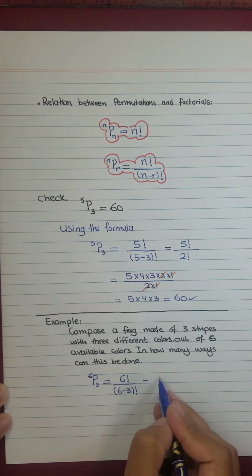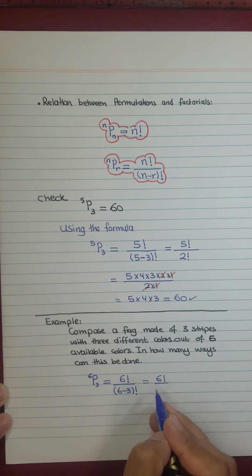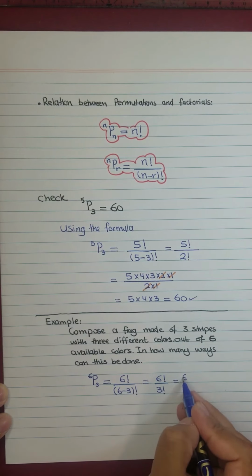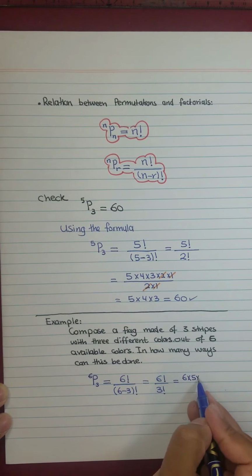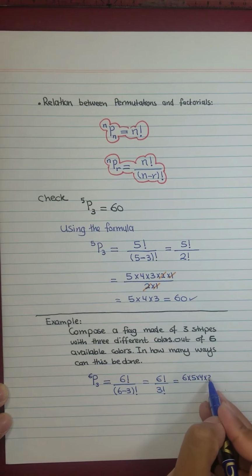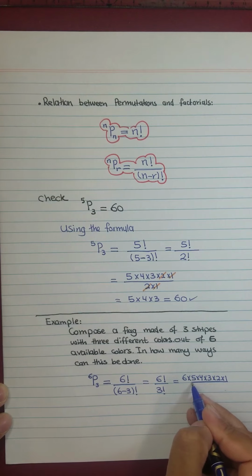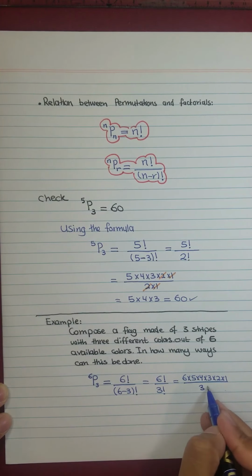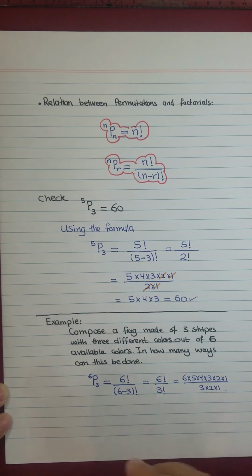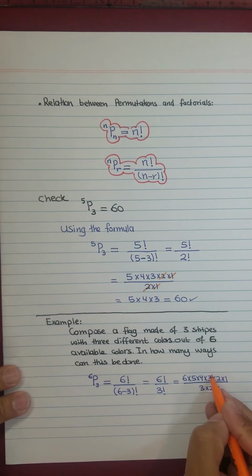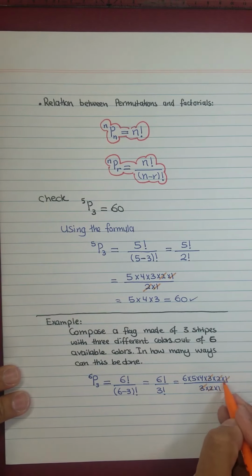which is going to be 6 factorial over 6 minus 3, which is 3 factorial. That's 6 times 5 times 4 times 3 times 2 times 1 over 3 factorial, which is 3 times 2 times 1. We'll cross out the similar factors, 3, 2, and 1.